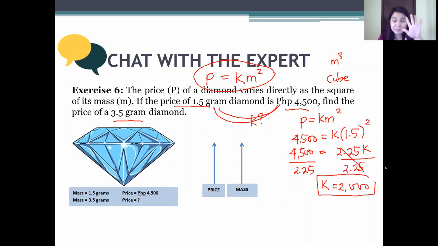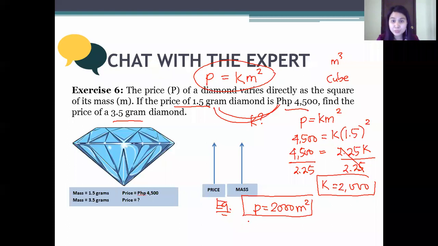Next, step number 5. Let's write our equation of variation. So we have the equation P equals 2,000 m squared. Here's our equation. Then the last step, substitute. We are looking for the price if the mass is 3.5.